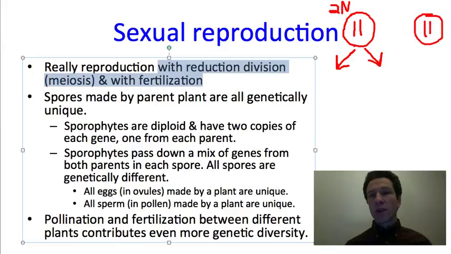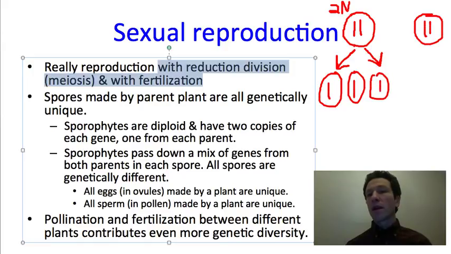But during the reduction division, we are going to get 4 cells, each of which only gets 1 chromosome. This is meiosis. The important thing here is that these cells are all genetically different from one another. Some got this chromosome and some got this chromosome.